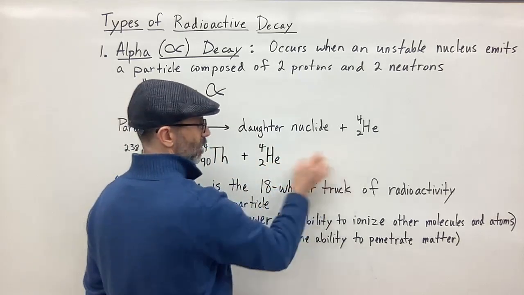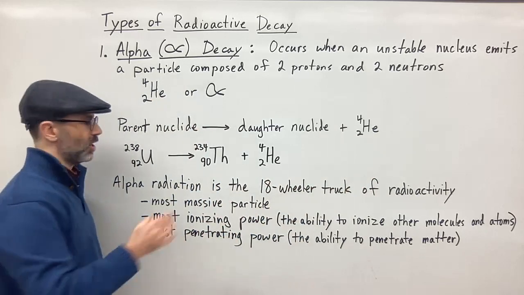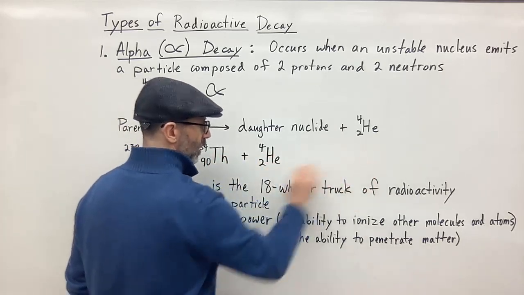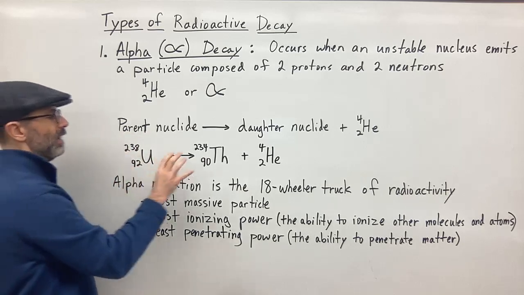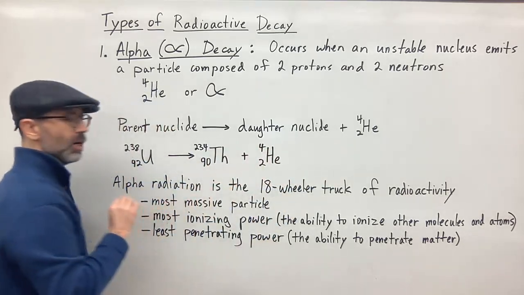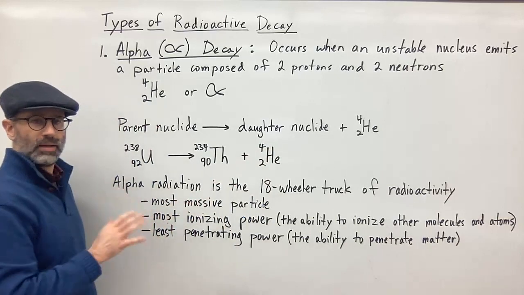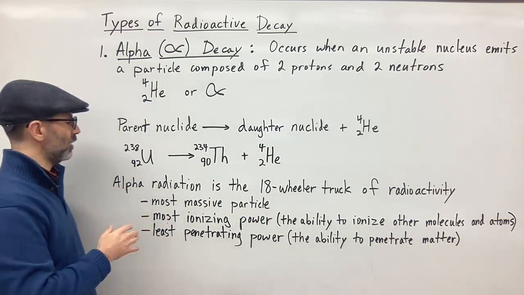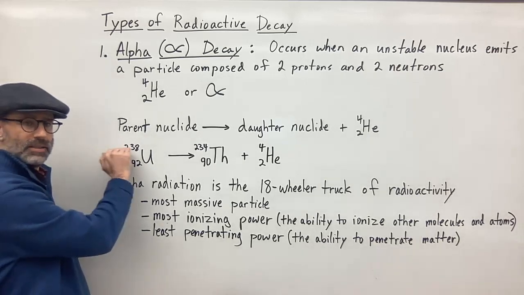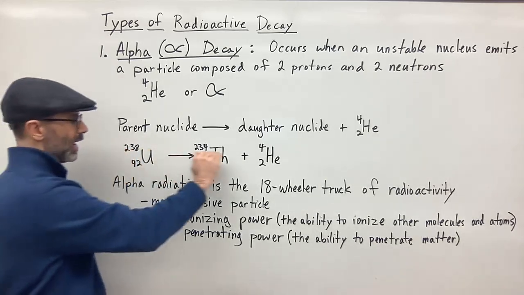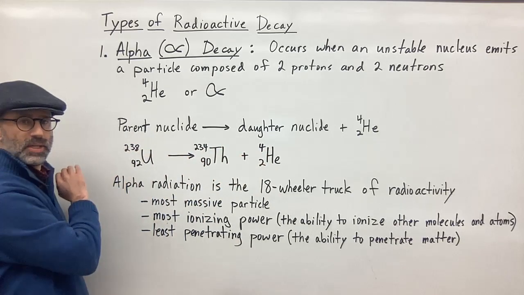Maybe I have some neutrons emitted as well. So I could have several particles on this side, and then I could have several particles on this side. But the rule always holds. Balancing of the nuclear equation means that the sum of the mass numbers on both sides of the equation must be equal.